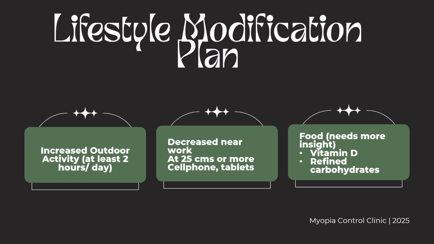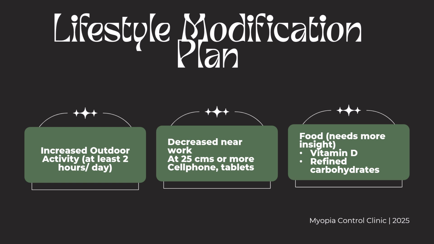So put your things in place: increased outdoor activity by at least 2 hours a day, and decreased near work at 25 to 30 centimeters, or even more for cell phone, tablet, and even for reading and writing. Maybe you can ask for vitamin D and reduced refined carbohydrates, which have been suggested anecdotally.